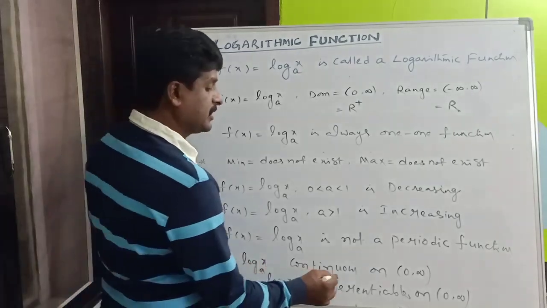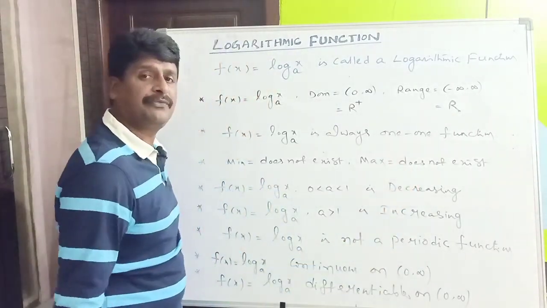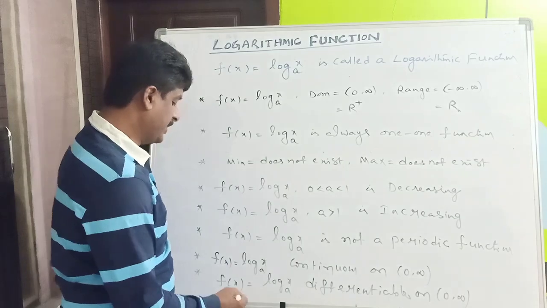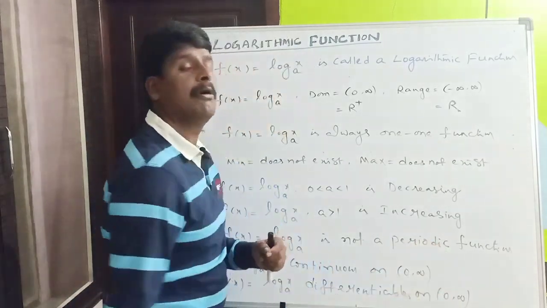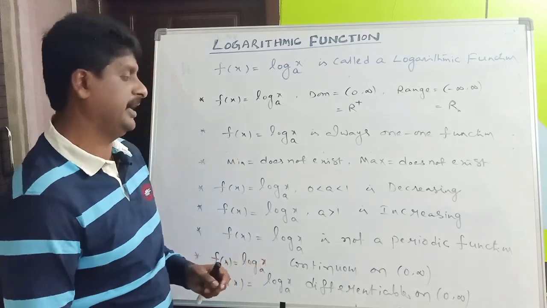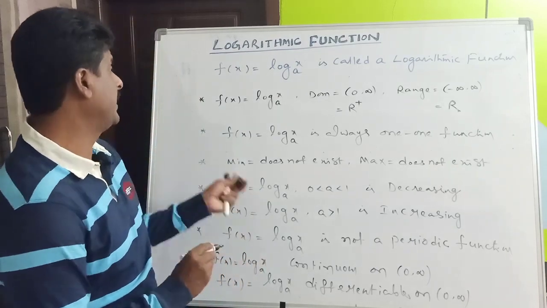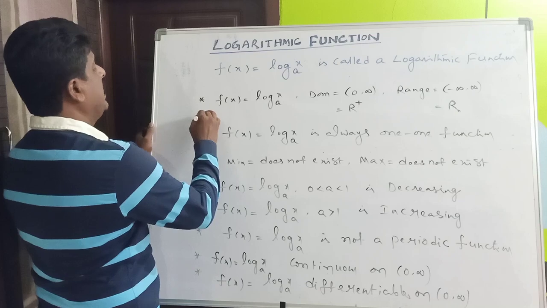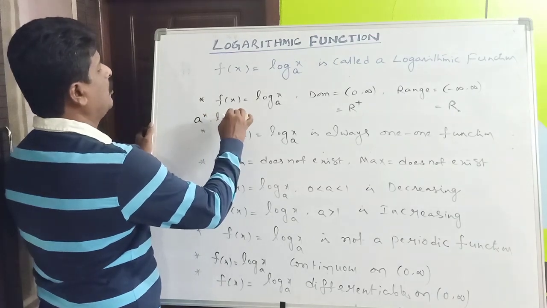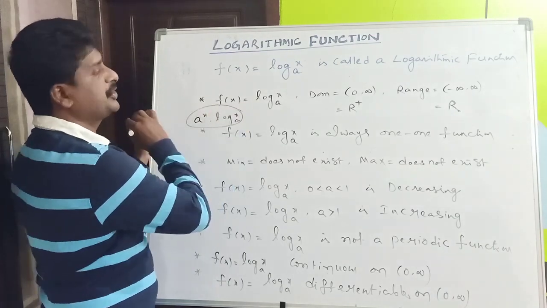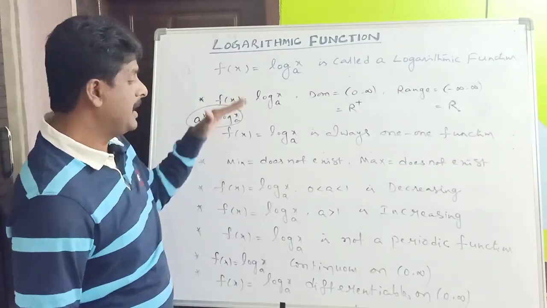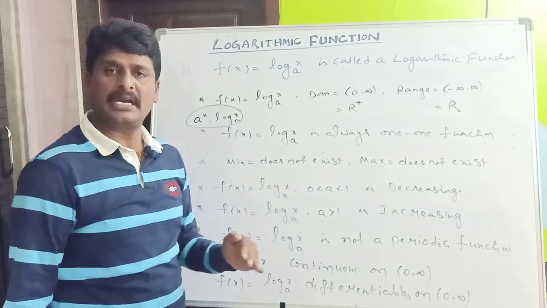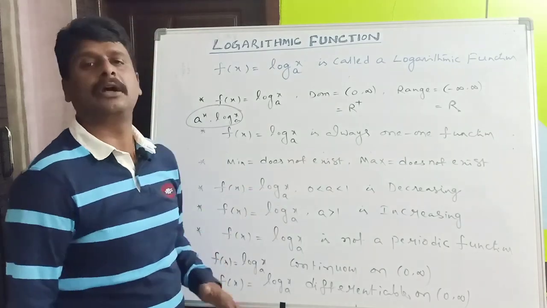That's why it is continuous at each and every point on its domain. f of x is equal to log x base a is differentiable on 0 to infinity, meaning on its domain. Also, a power x and log x base a are both inverse functions of each other. So these are the properties of the logarithmic function and its graphs.